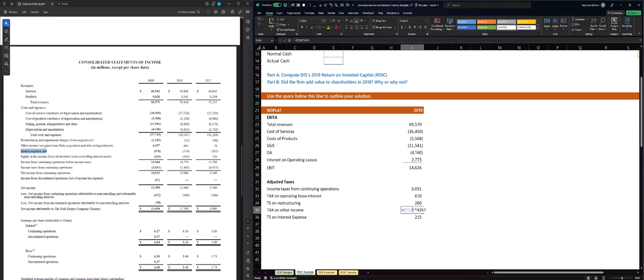Oops, I forgot the sign right here. Again, if it's a tax, then negative, and if it's a tax shield, it's positive, except for the operating lease interest. All right, equity in income of investees, and it's negative, so it's a tax shield on equity income.